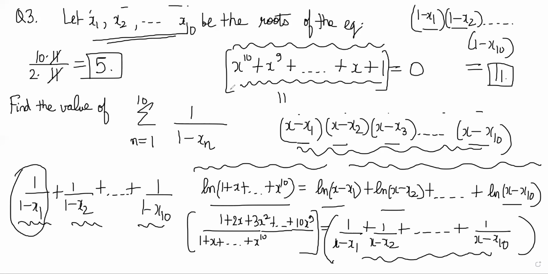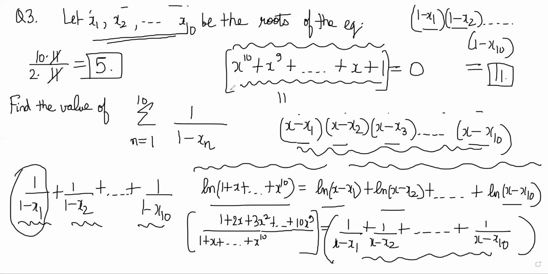You just put x is equal to 2 here, or something else they might ask, but many times this much is enough. But in this case it was not enough because you have to do a sum, and the sum was reciprocals of 1 minus xn. So you take log to separate the products into sum, and then you differentiate to get reciprocals, right? Right. So that is how you do this one.